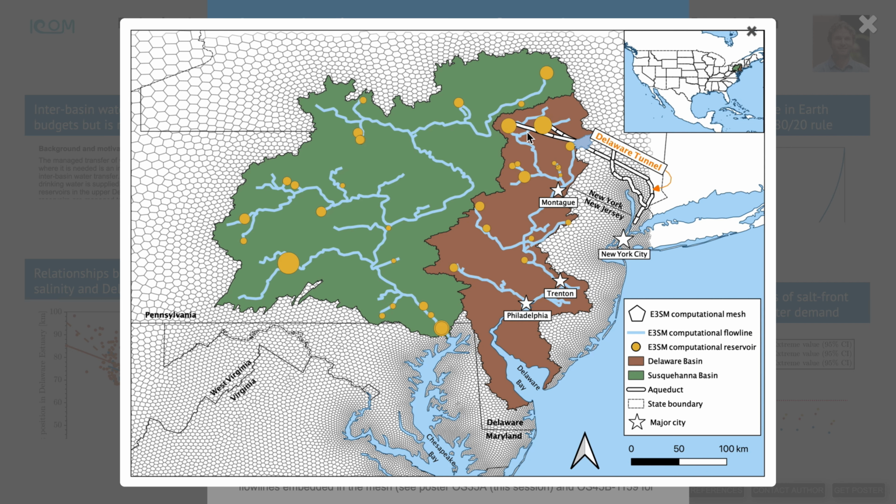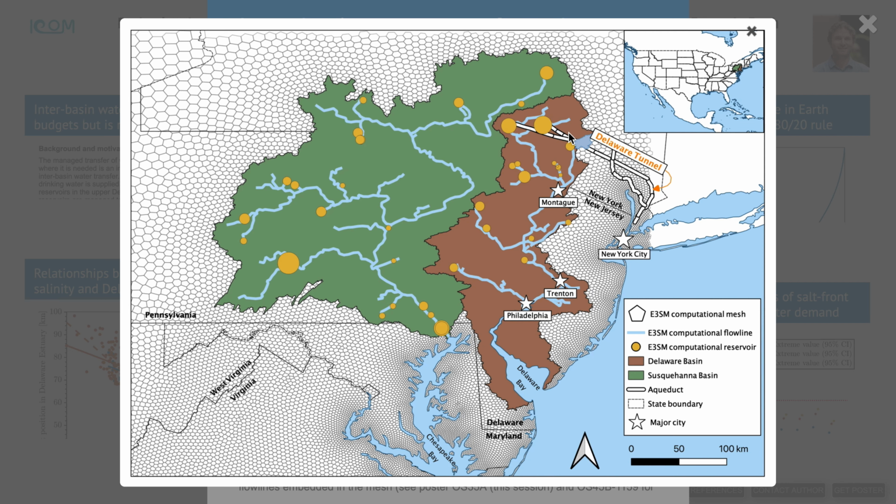And that water would otherwise flow along its natural course along the Delaware River to the Delaware Bay, where that fresh water keeps salinity in the estuary at safe levels and prevents the salt front from migrating inland, where it can threaten the freshwater intakes for cities like Philadelphia and Trenton and for other important needs in the Delaware River Basin. But that type of interbasin water transfer is rarely, if ever, included in climate model simulations.